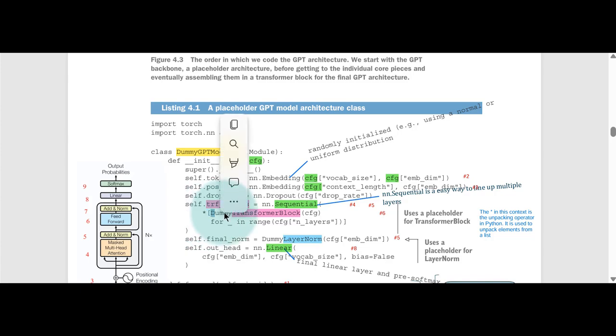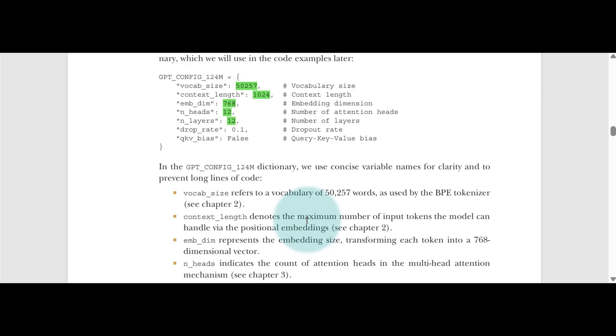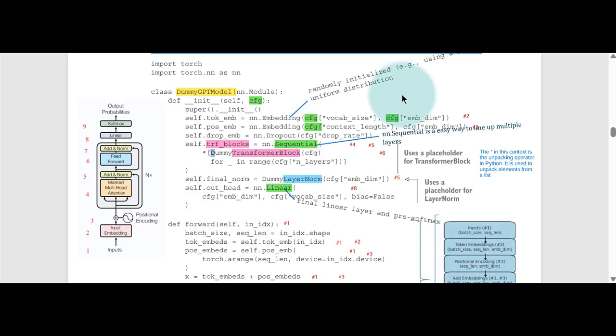And n layers is another element. We already said how many transformers we want to run sequentially, and I think we decided we were going to use 12. So n layers up here would be 12. And what are we creating? We have dummy transformer. We're going to create a bunch of instances of the class.